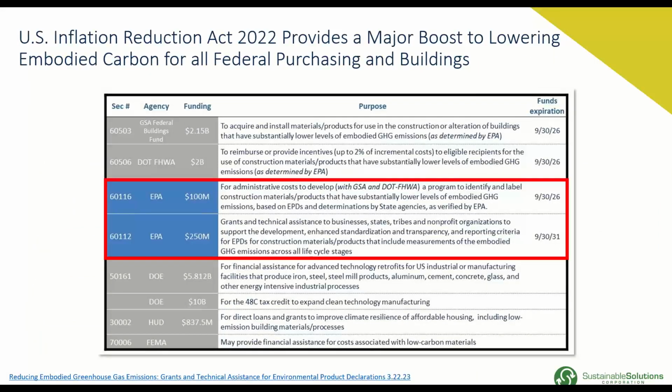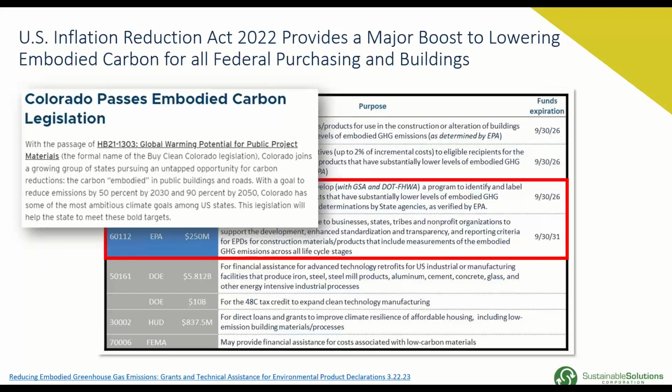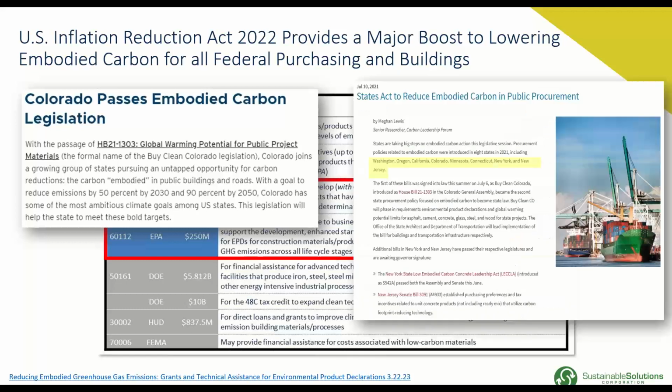Another big area where we're seeing a lot of activity right now is the United States Inflation Reduction Act that came out in 2022. Huge focus on promoting and understanding the life cycle impacts of products, and also looking at carbon labeling. How are we going to disclose the carbon footprint of products and select products with the lowest carbon footprint? We're also seeing Colorado just passed embodied carbon legislation.